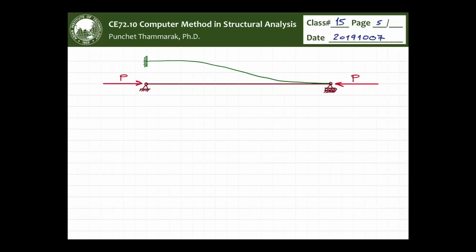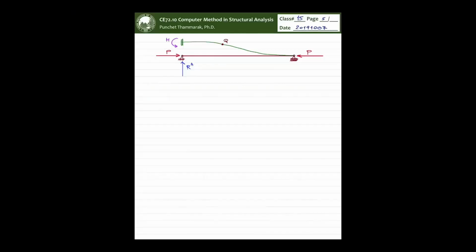We have no idea about the direction of the reactions, so we assume the R at point A like this. You have no idea about the moment as well, and it is assumed this way. We set up some point which is called point Q like before.